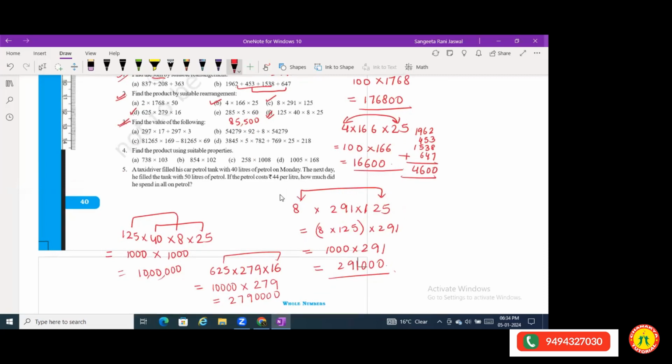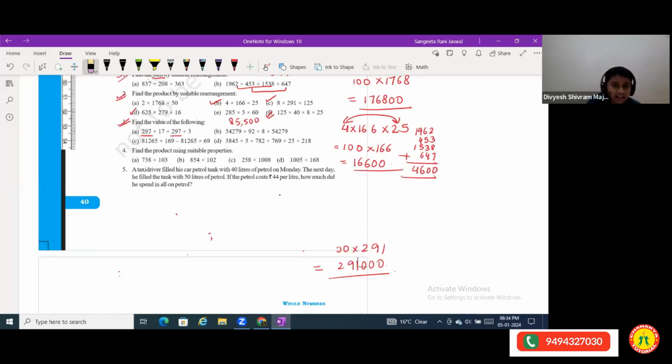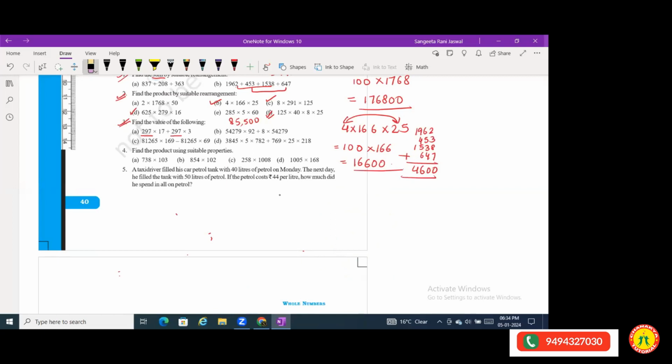So what we will do in this case, as we had seen in one example, is take the number which is common, which is repeated. We add 17 and 3 and multiply it by 297.